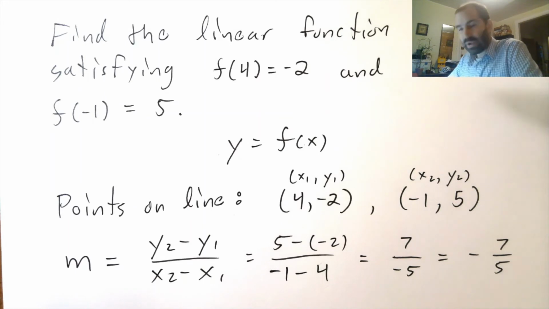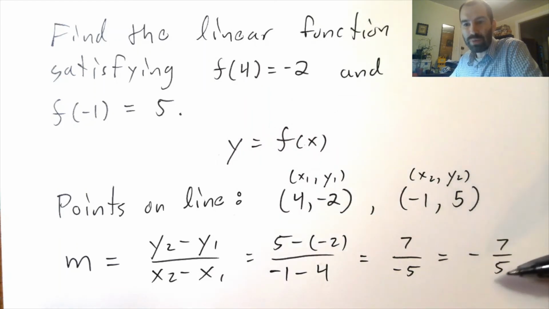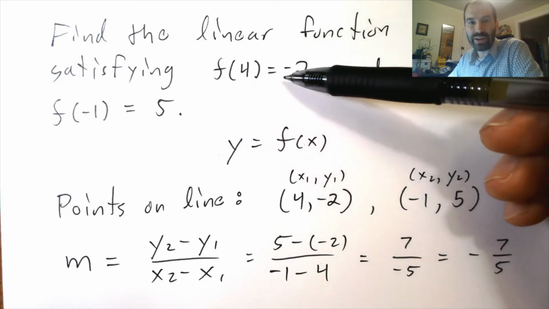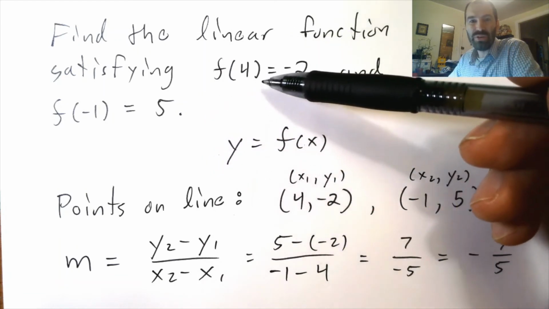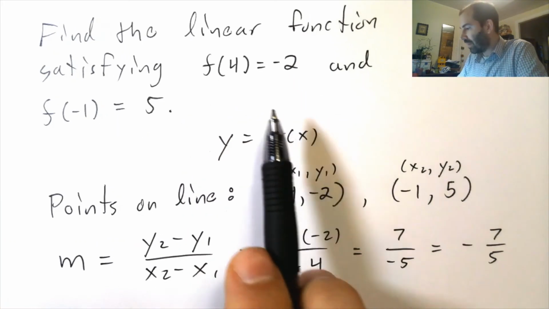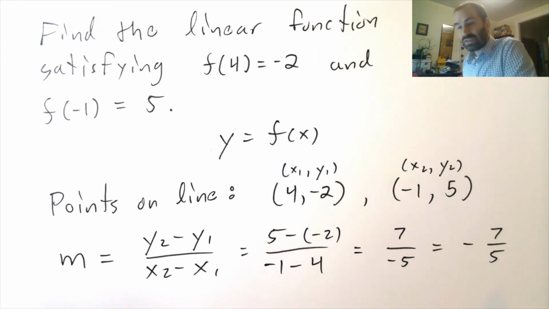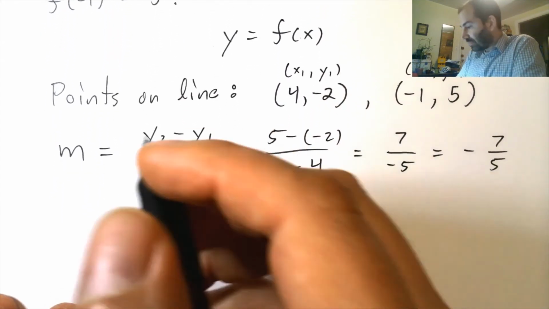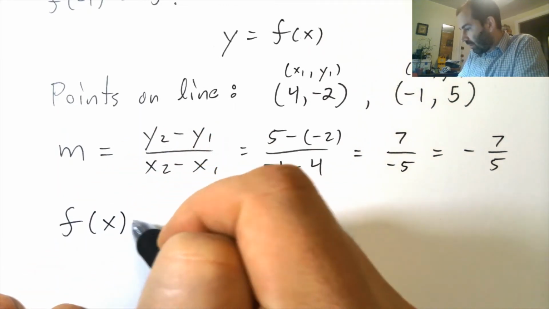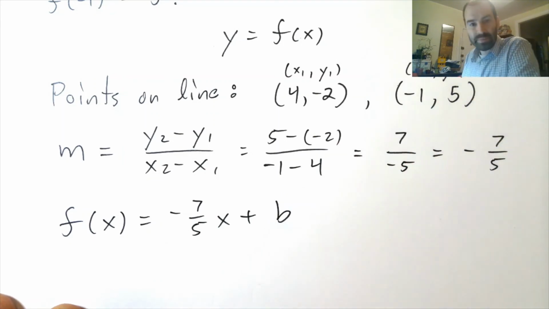Well, look, we have the same information that we had in the previous problem. We have a slope, and we have something like this. In fact, we have 2 things like this. We could use either one of these. All right, so pick your favorite one. Maybe I'll use the first one. All right, f of 4 equals -2. So to do that, I'm going to use the fact that y equals mx plus b. I just don't know what the b is yet, right?